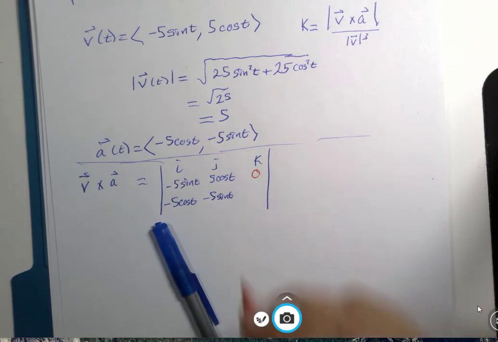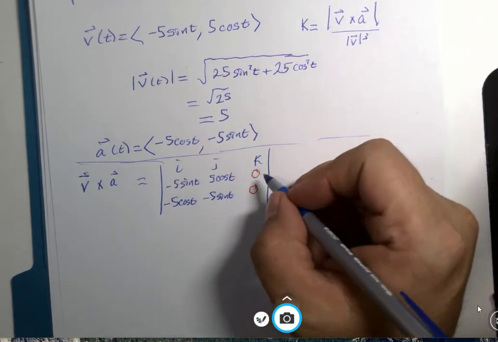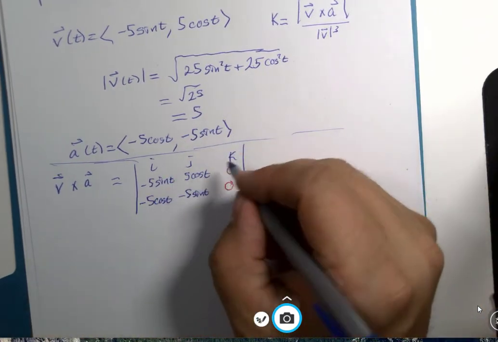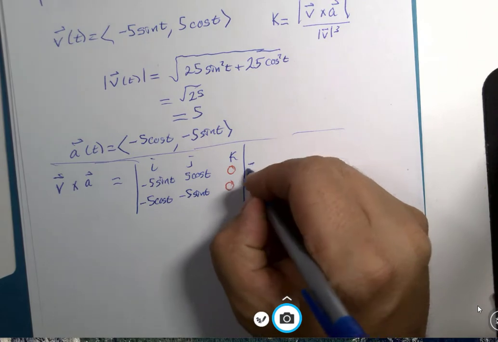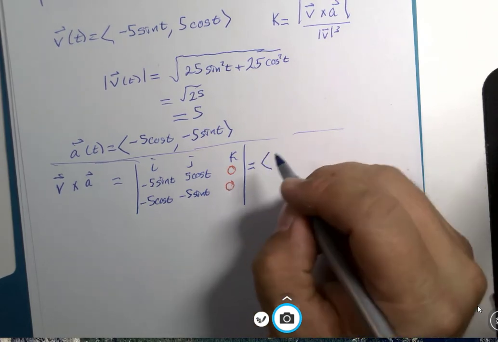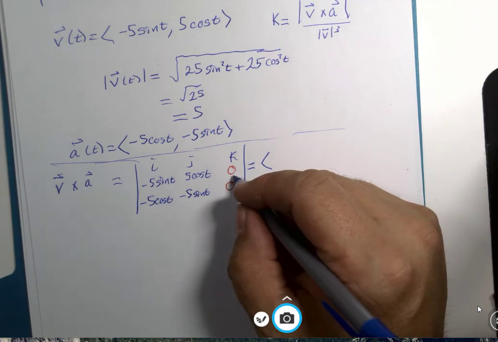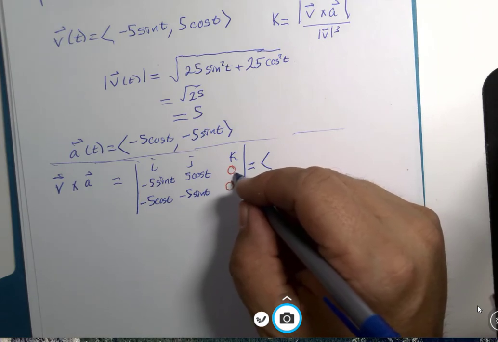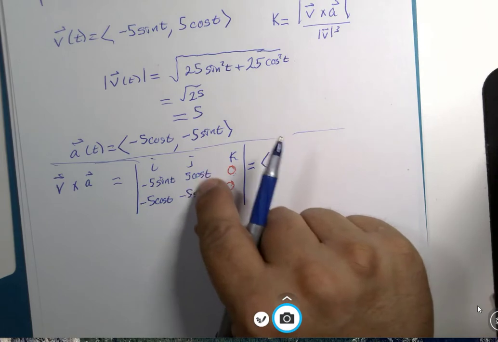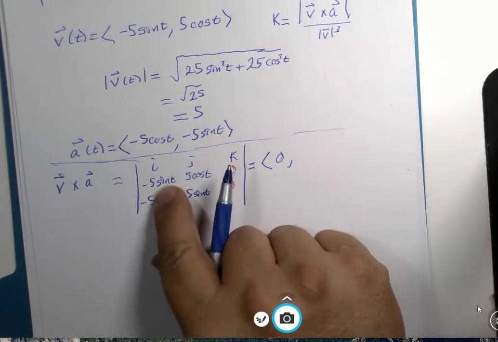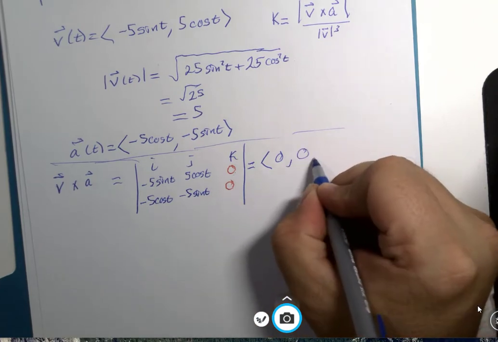Third component, also 0. And if you start to work through this cross product calculation, whatever method you choose, you're going to find out something interesting about this. Well, I get to define interesting in my classroom. Maybe it's not as interesting to you outside of my classroom. But you're going to get zeros for the i component and zeros for the j component.